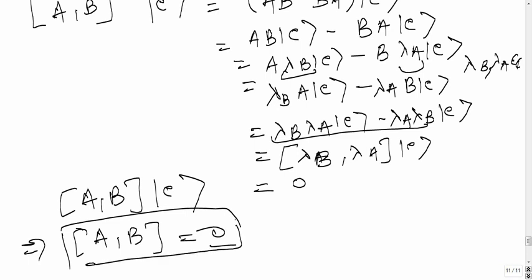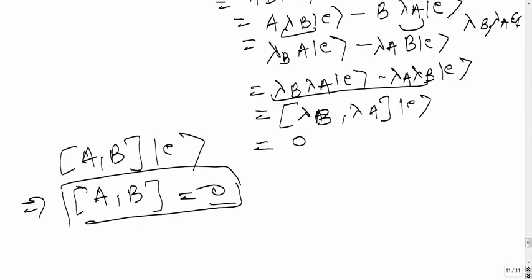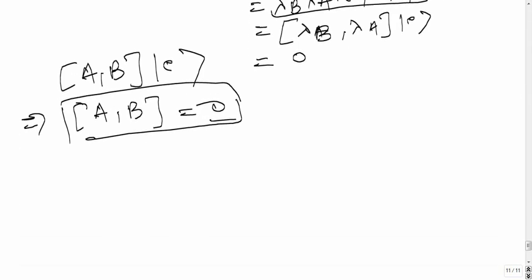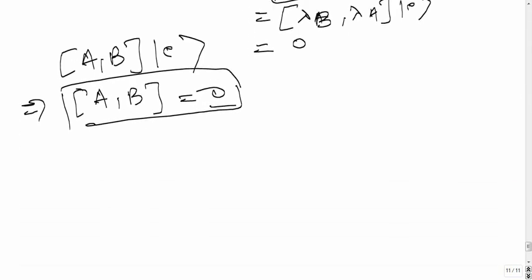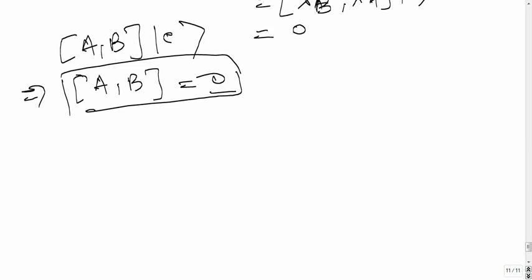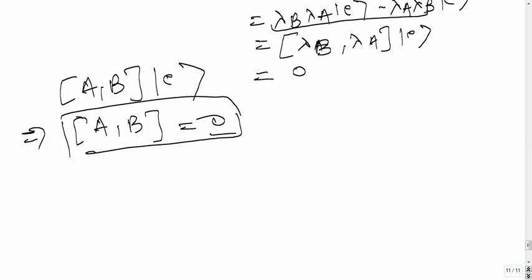So let me explain what is happening here, or what it means if our two operators are compatible, that is, their commutator vanishes. Consider two observables A and B and assume for simplicity that they are non-degenerate, that is, every eigenspace has dimension 1, or in simple terms, only one eigenvector corresponds to a given eigenvalue.